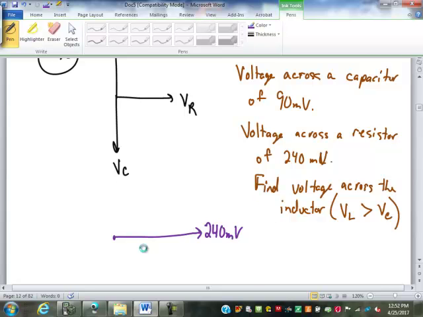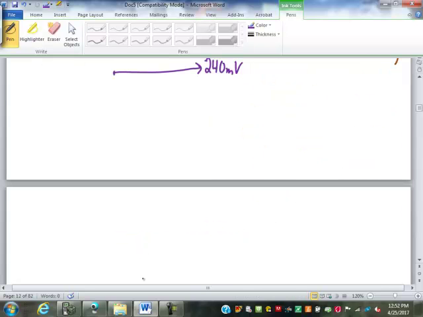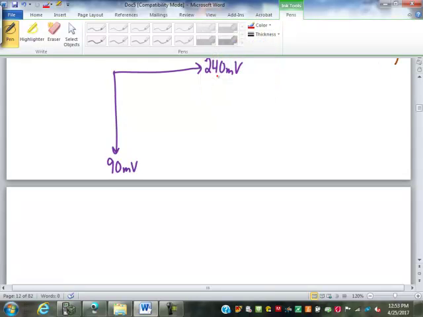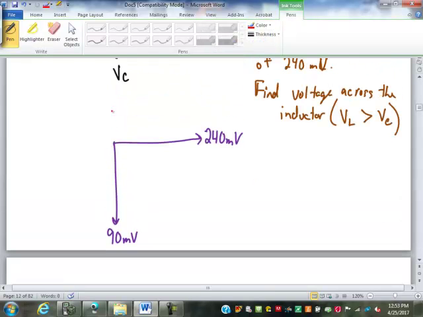The voltage across the capacitor is 90. We have a total voltage of 250 millivolts. Depending on what the voltage across the inductor is, that 250 millivolts could be right here somewhere, or it could be right here somewhere. Does that make sense? Without this knowledge, I don't know which one it is.